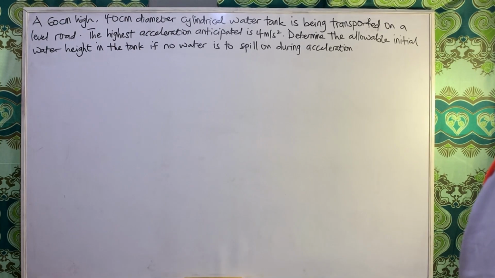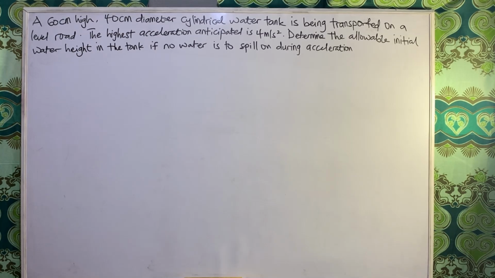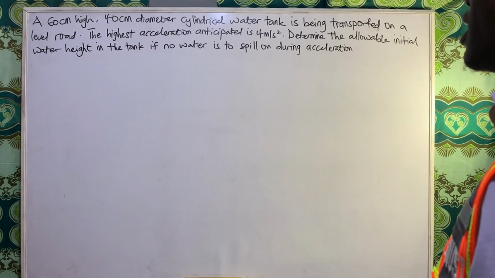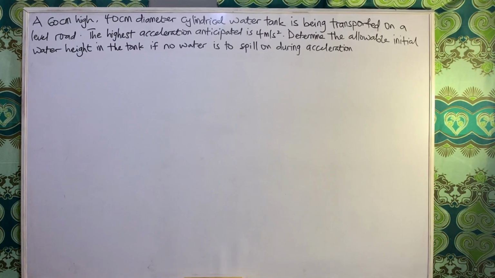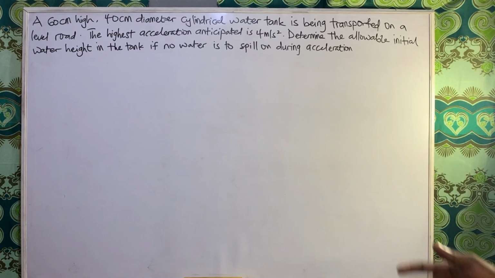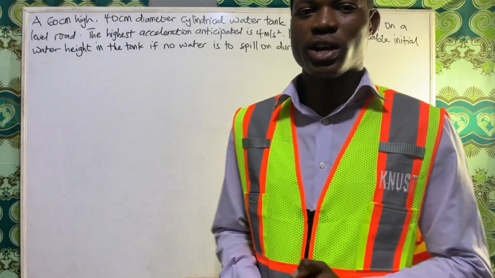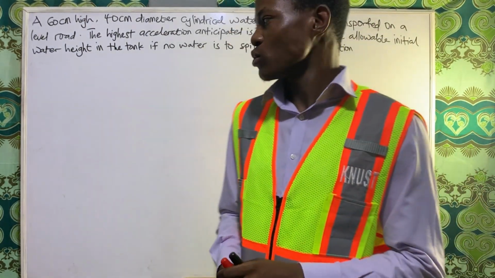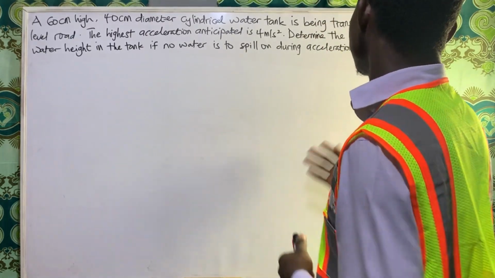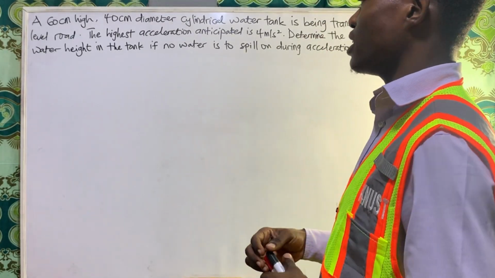The highest acceleration anticipated is 4 meters per second squared. Determine the allowable initial water height in the tank if no water is to spill during acceleration. So we have to find the allowable initial height to avoid spillage.